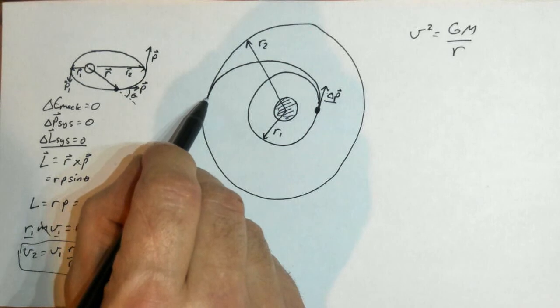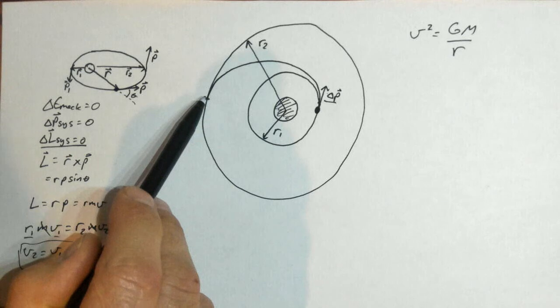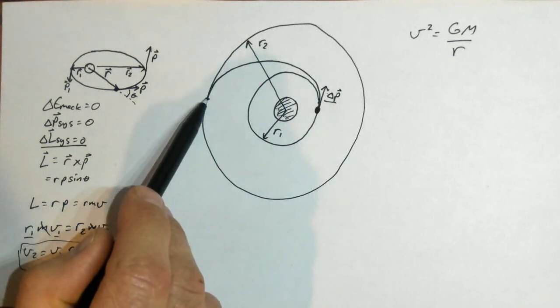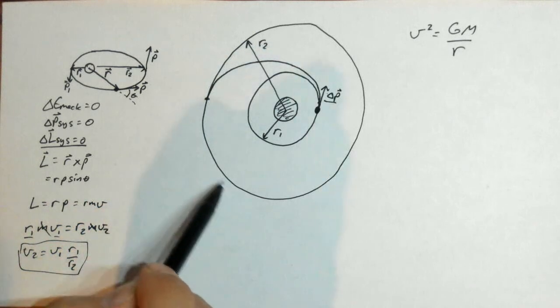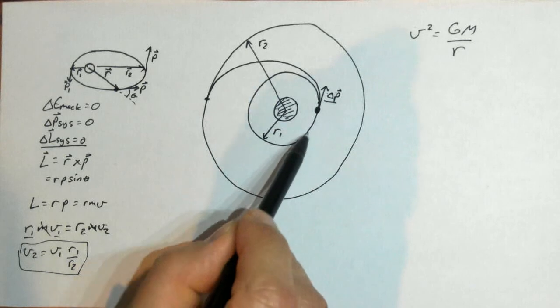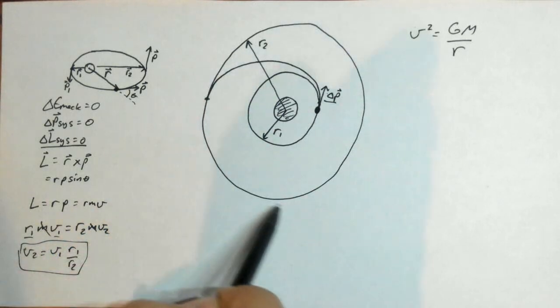But what you'll find is that the velocity you have out here is super small. Remember, you're super fast here and you slow down out here. But it's not the right speed for this orbit. It's actually too small, because otherwise I'd come back in. So I need to speed up even more to get into this orbit.